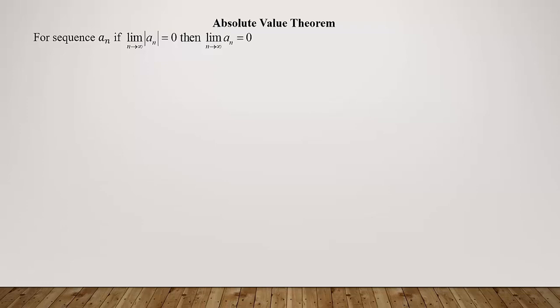So really it's saying, if you take the absolute value of each term of the sequence, and those terms are heading off to 0, then the limit of a sub n is equal to 0. Again, this is a pretty important and powerful theorem.